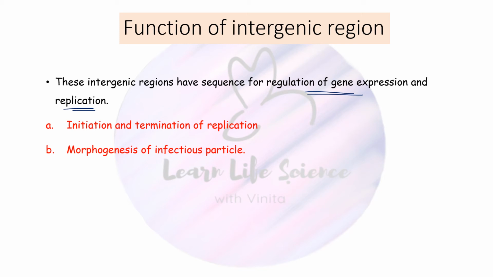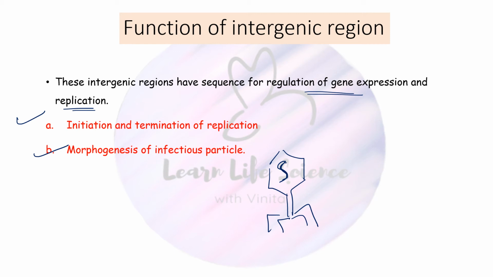They are involved in initiation as well as termination of replication, and also in morphogenesis of the infectious particle. Morphogenesis of the infectious particle means packaging material synthesis as well as packaging of the viral DNA. So intergenic regions are very much essential in this case.